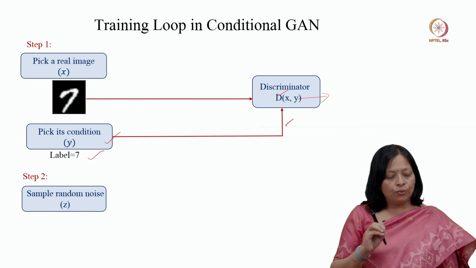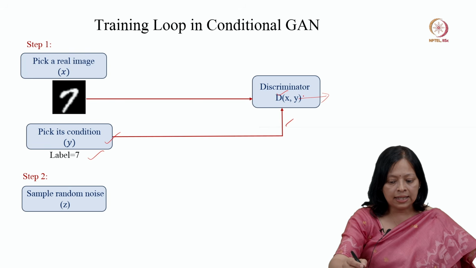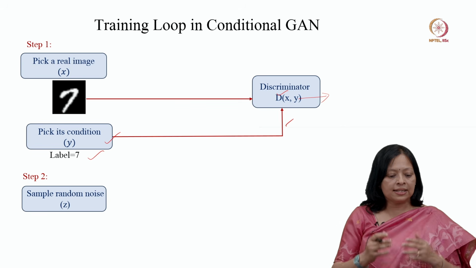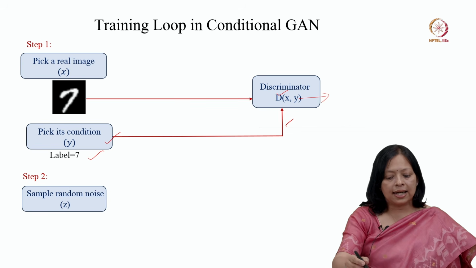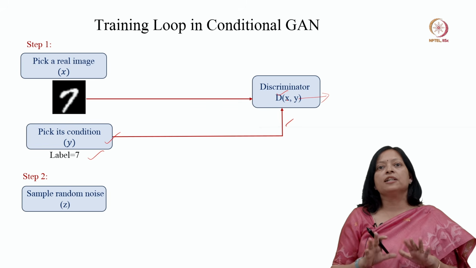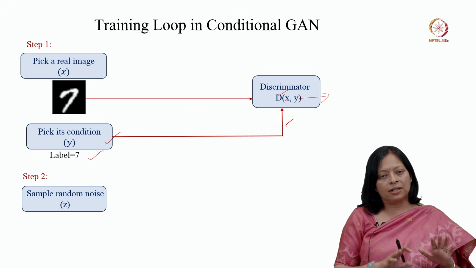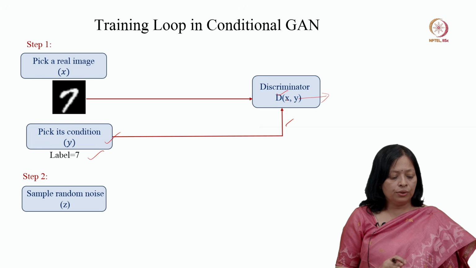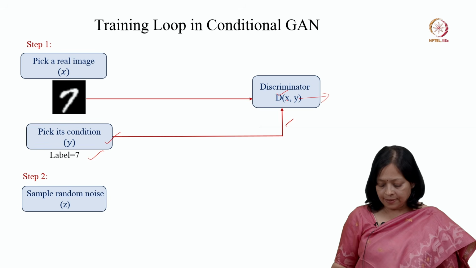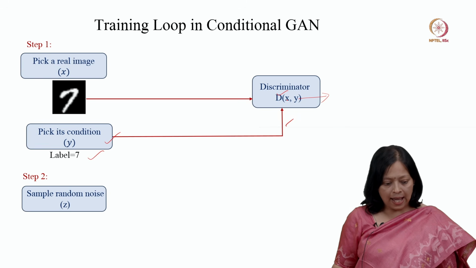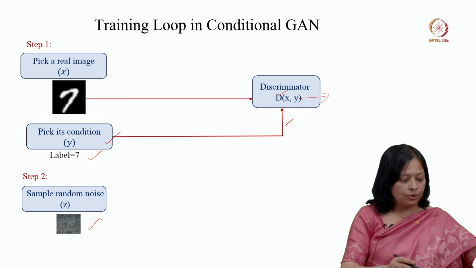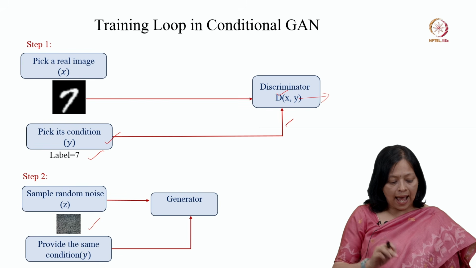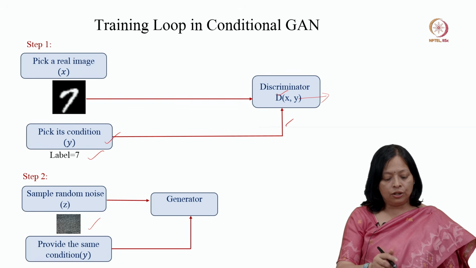I will explain this D of x and y in more detail in my subsequent slides. For right now we will just understand that D is a probability score given by the discriminator. It ranges between 0 and 1. Now in step 2 we sample a random noise, shown here, and it goes to the generator, and we provide the same condition y to the generator also.